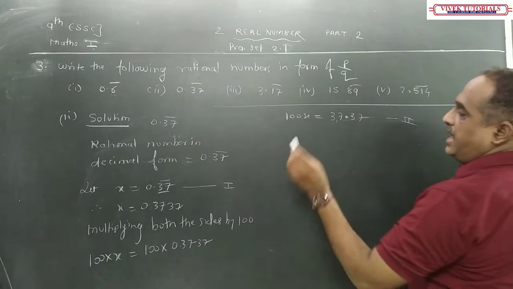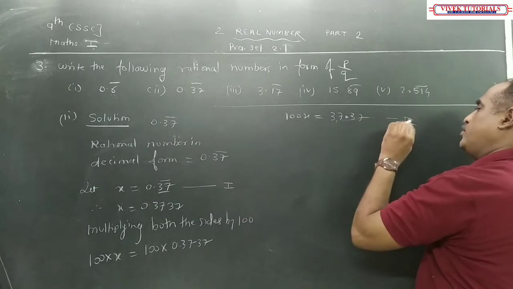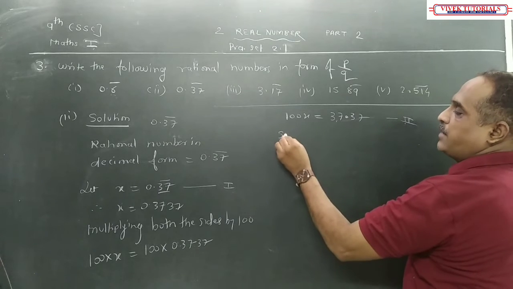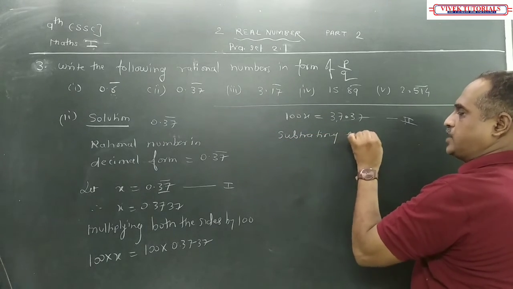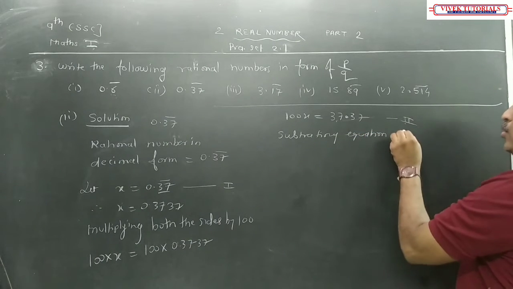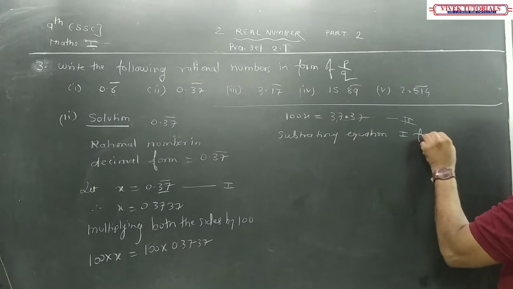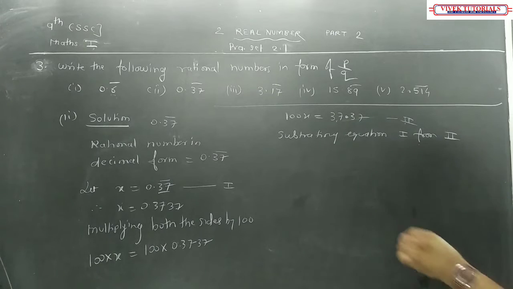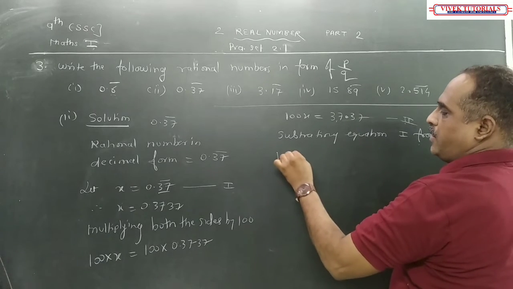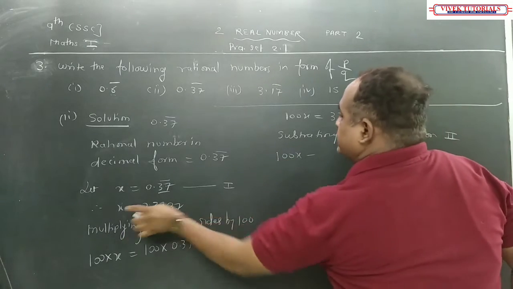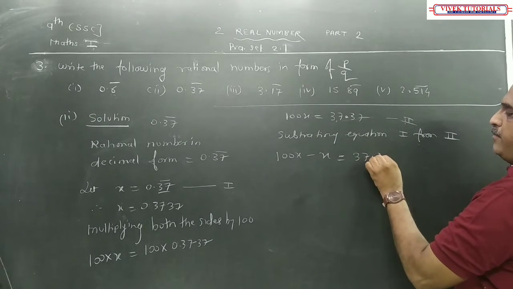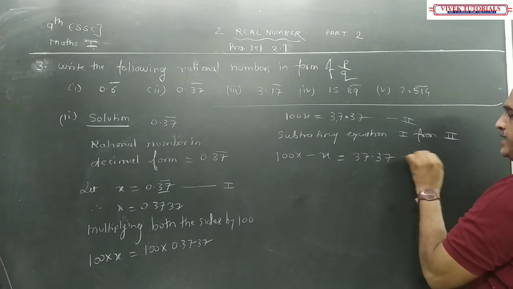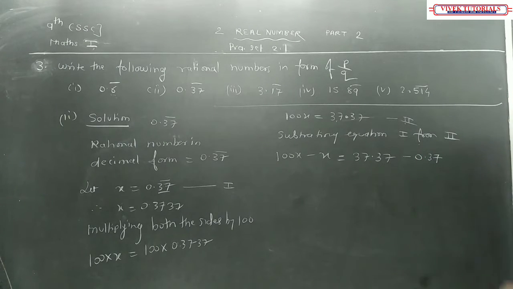Then what to do? We are going to subtract 1 from 2. So subtracting equation 1 from 2. What is 2? 100x minus this x is equal to 37.37 minus 0.37.